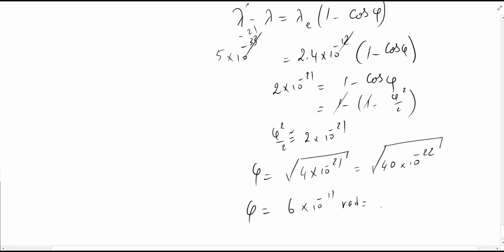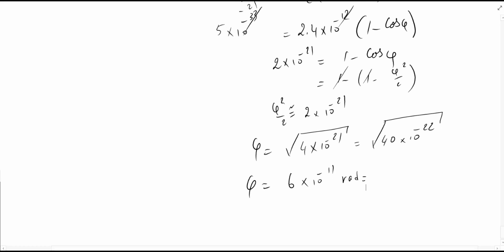If you care to convert this into degrees, you multiply the radians by 180 and divide by pi. So this is roughly 180 times 6 divided by pi, times 10 to the negative 11 degrees now, not radians anymore.